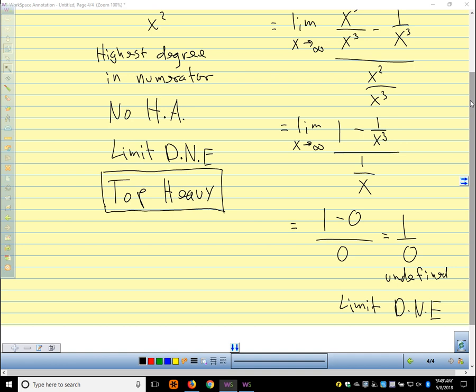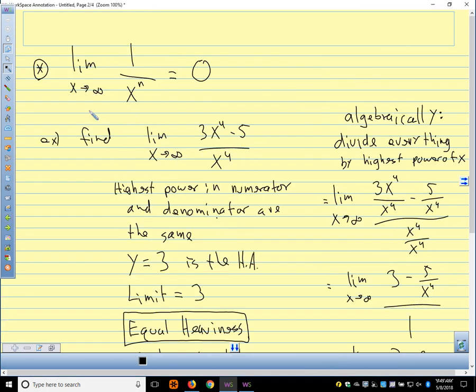All right, questions? Yes? From here, the limit as x approaches infinity of 1 over x to the third. So I'm going back to this. As x approaches infinity, the limit of 1 over x to something is always 0, because we're dividing by something really, really big.